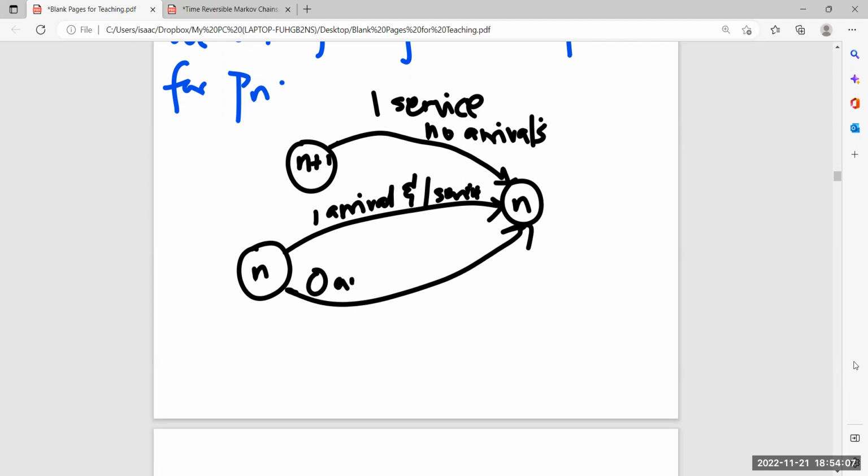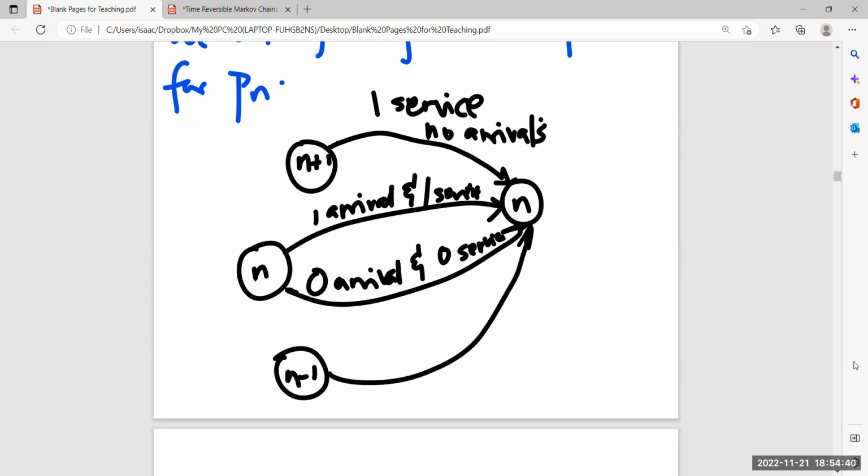So 0 arrival and 0 service. What's the one after n plus one? n minus one. To go from n minus one to n, I should have one arrival and no service.